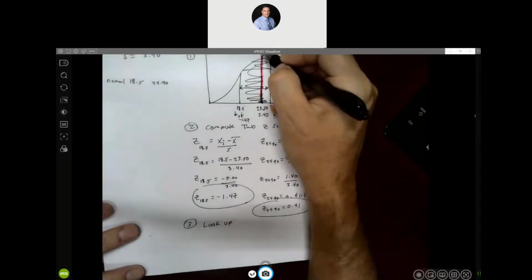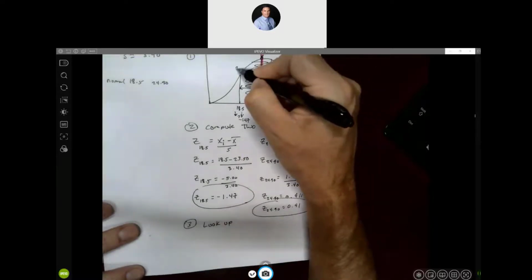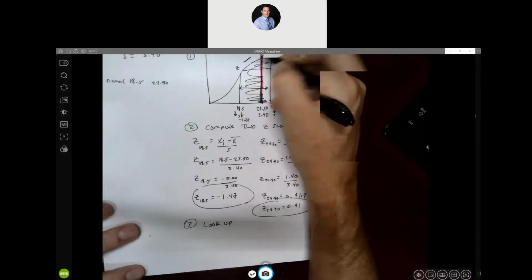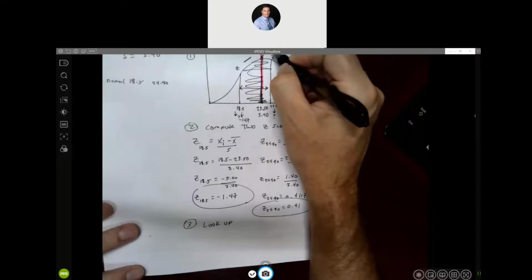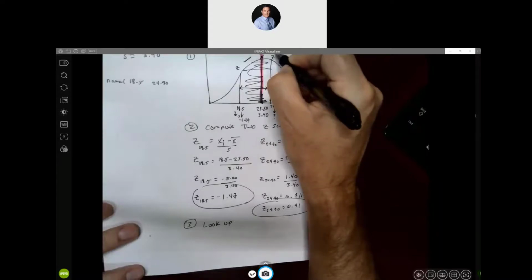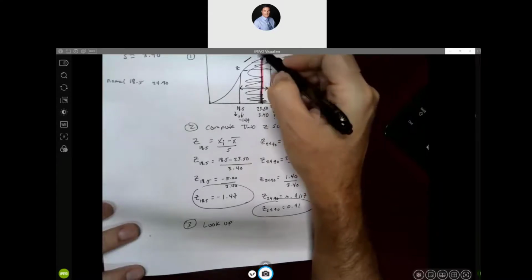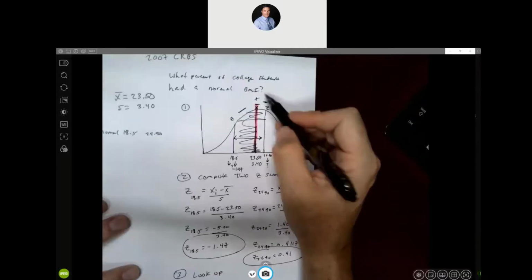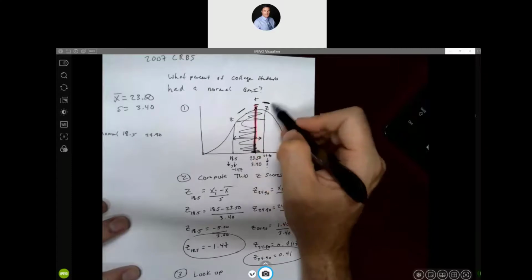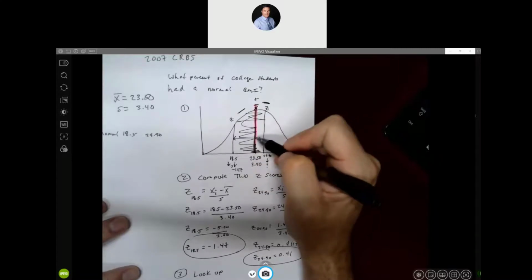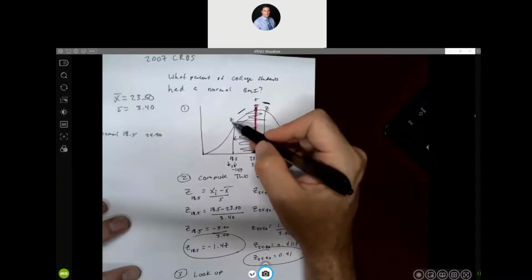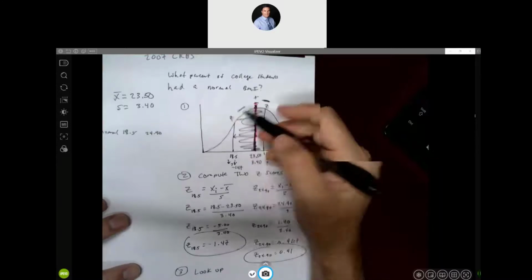What we're going to do is mean to z here and mean to z here. Because if I add up this portion and this portion, I'm going to get this whole portion here. So let's look up mean to this z-score first.